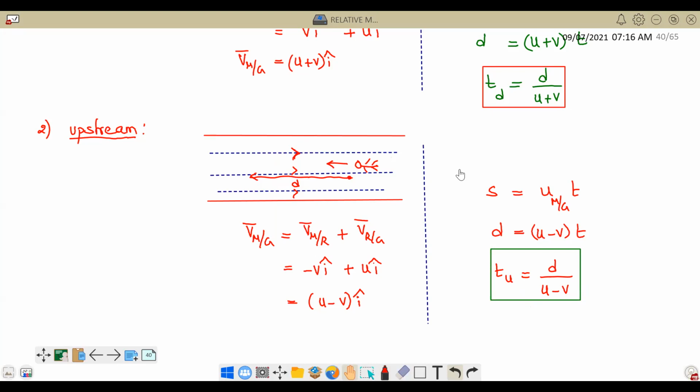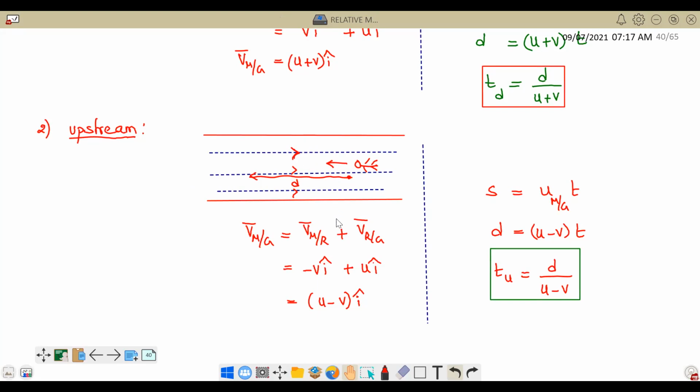Sir, just a small doubt. You told that in the middle of the expression the sign will not change, but at the last the sign got changed, (u minus v) whole i cap. This is because the man is swimming opposite to the river current.